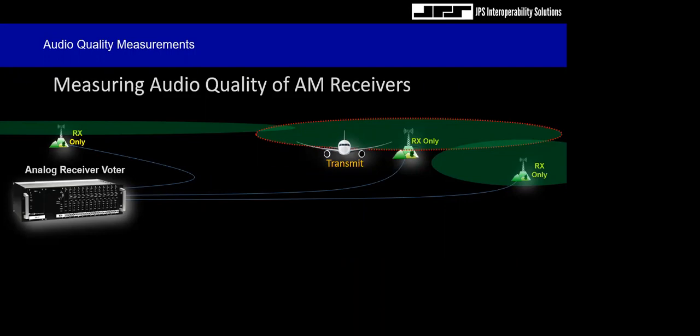I've got an aircraft, and in air traffic control, AM communications is the primary means of communications between aircraft and ground.